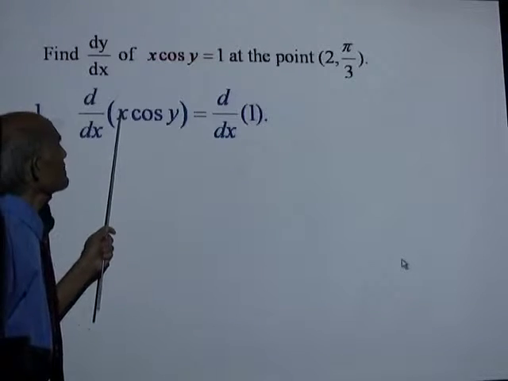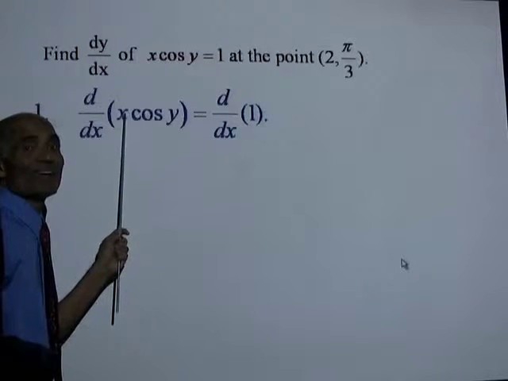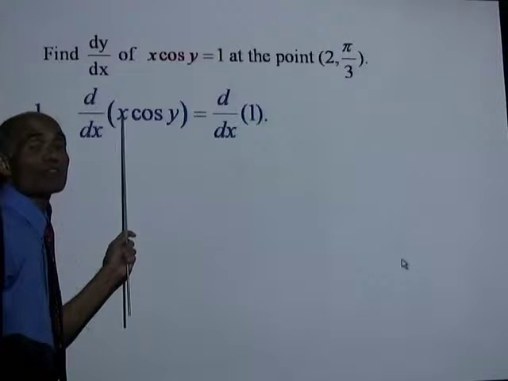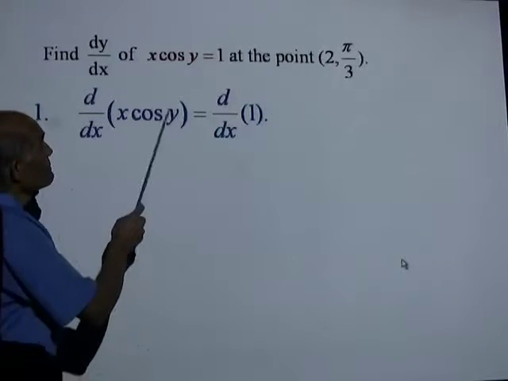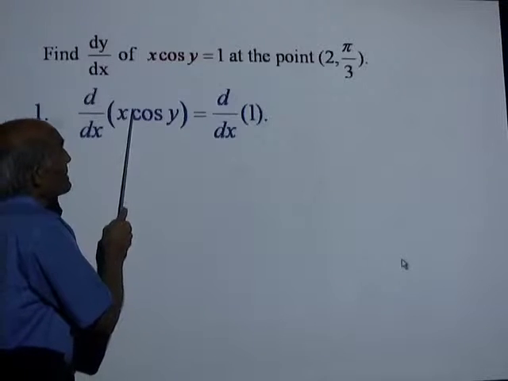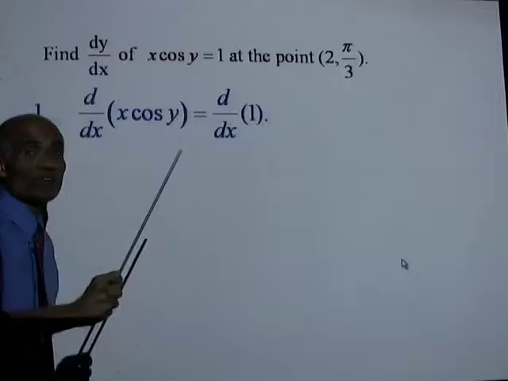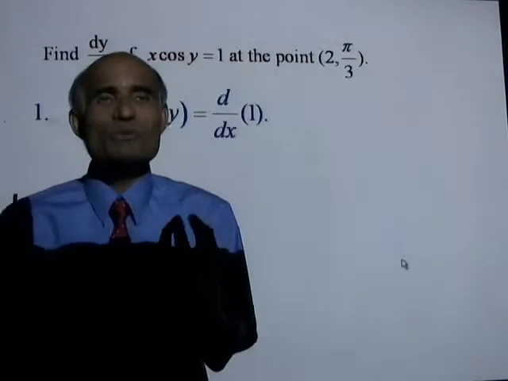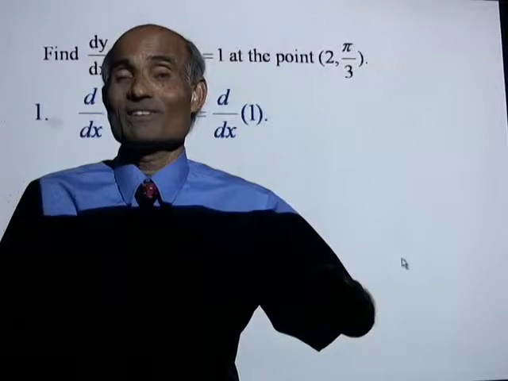And how do you find the d by dx of x cos y? It's a product of two things, x and cos y. So the derivative will be x times the derivative of cos y with respect to x. Tell me, what is the derivative of cos y with respect to x?